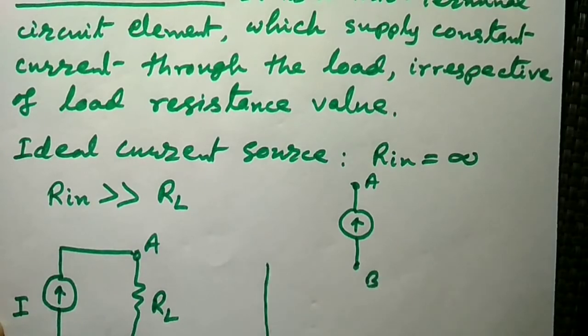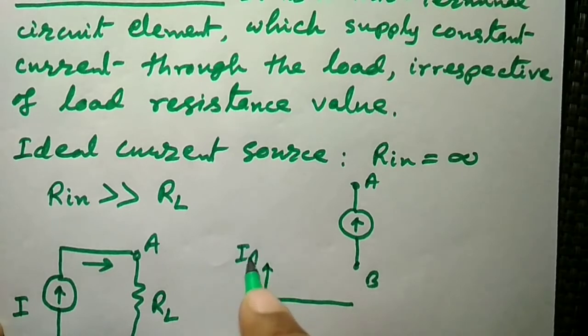So the current through the load will be constant with respect to the voltage or the time, that is the voltage across the load or the time. So this is the concept of the ideal current source.